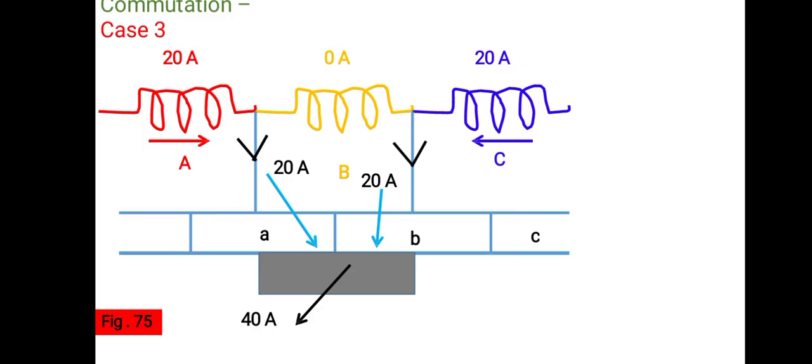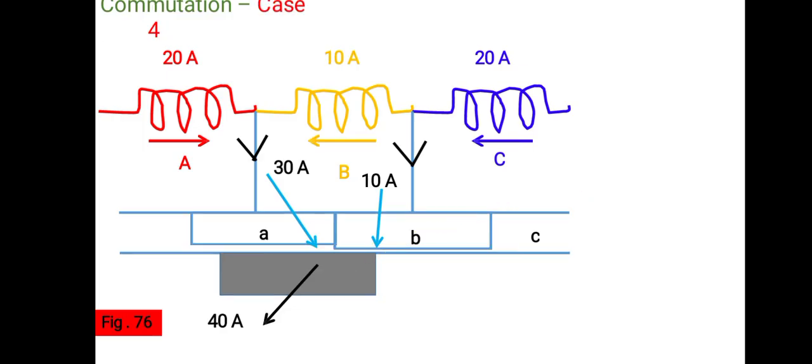Now the next case: 25 percent of the brush is with the existing B segment and 75 percent with the A segment. In that case, the 20 amps from the R winding and the 20 amps from the B winding are each split, 10 amps and 10 amps, and then 10 amps flows through the Y winding. Here you can see the current reversal takes place in the yellow winding.